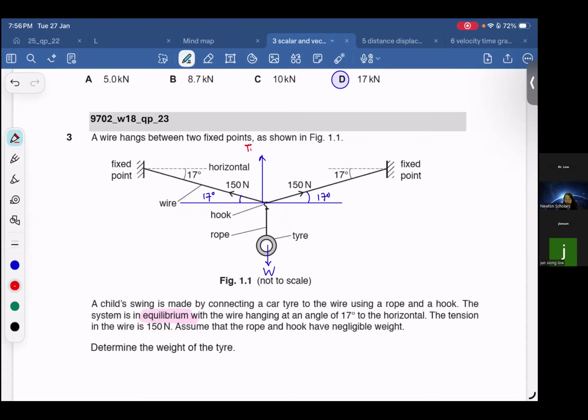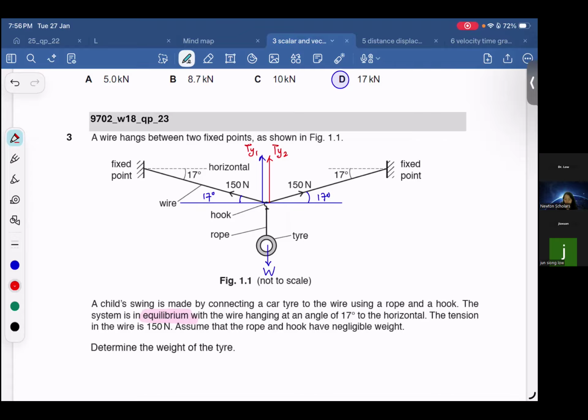I label this one as tension Y1. Then they will have another vertical force. I label it as TY2. So the left hand side and right hand side, the tension due to the force of the rope, they will resolve in.